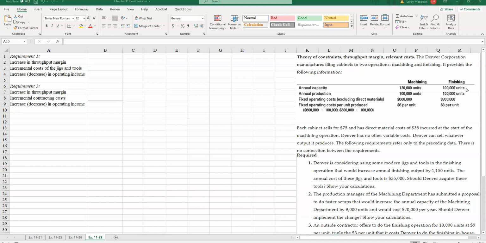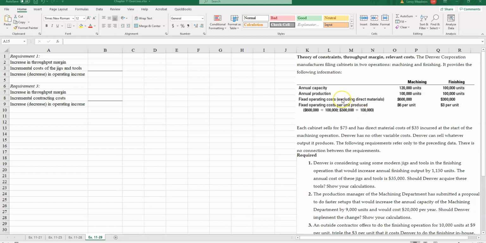Whichever department has the lowest annual capacity is also the one that limits production. So it makes perfect sense that if this is our bottleneck and it can only produce 100,000 units, our plant can only produce 100,000 units in the year.